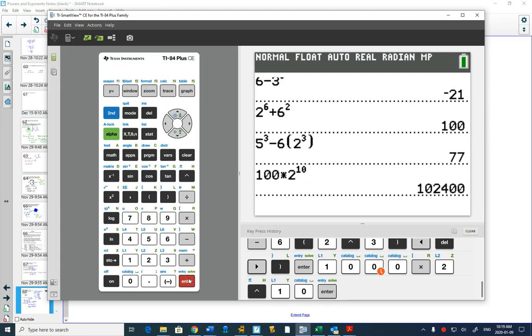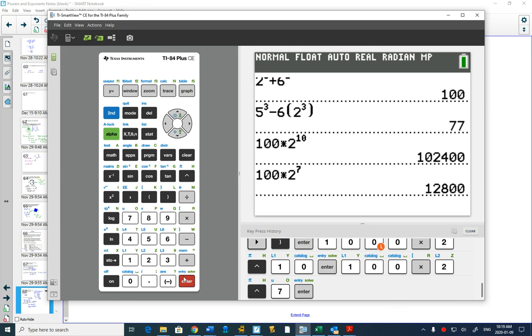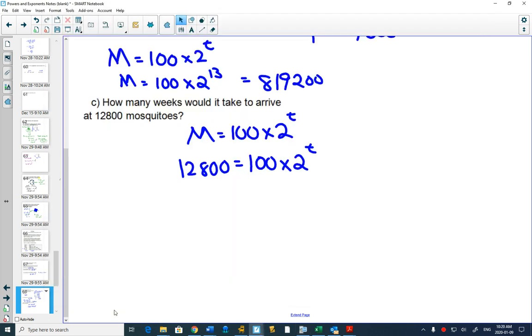Is that number still too big or too small? Still too big. So we need something less than 10. Let's try something. Oh, perfect. So t is equal to 7.